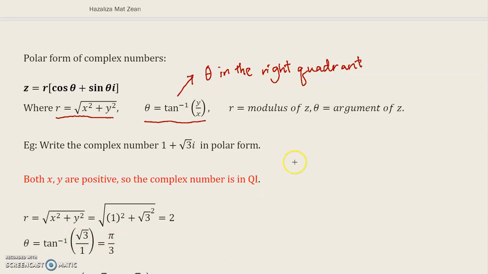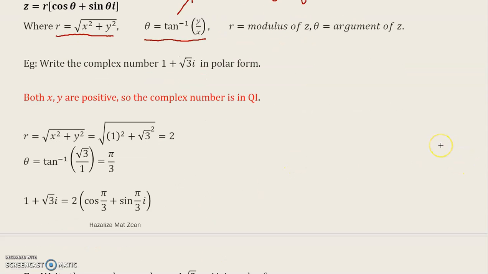So we take a look at the first example. We want to write this complex number in polar form. Let's say z is 1 plus square root of 3 i.